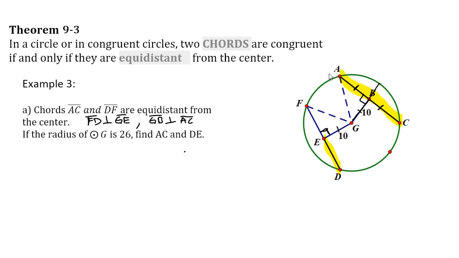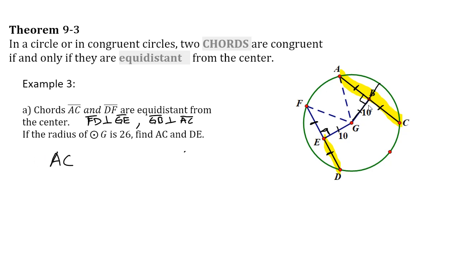And because AC and FD are congruent to each other, then these two segments will also be equal to each other. So as long as I find one of these, then they'll be the same for FE and ED. So let's go ahead and figure out how we're going to find one of those segments.